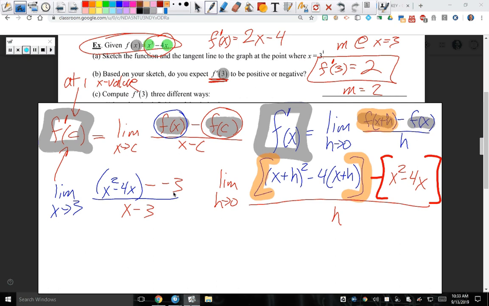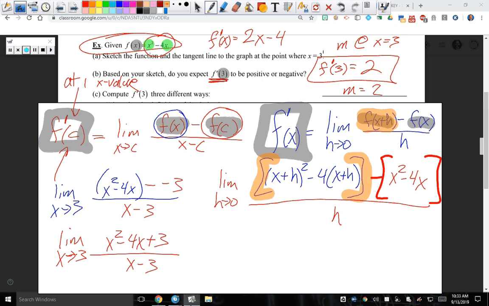Are we still good? Okay. The top over here will simplify to x squared minus 4x plus 3, and it's all over x minus 3. What should we do? It's not approaching infinity, so I know we're kind of doing this because we postponed our test, but these aren't infinite limits.